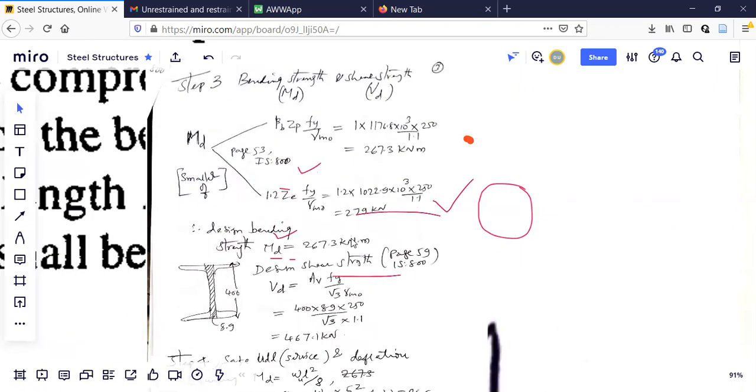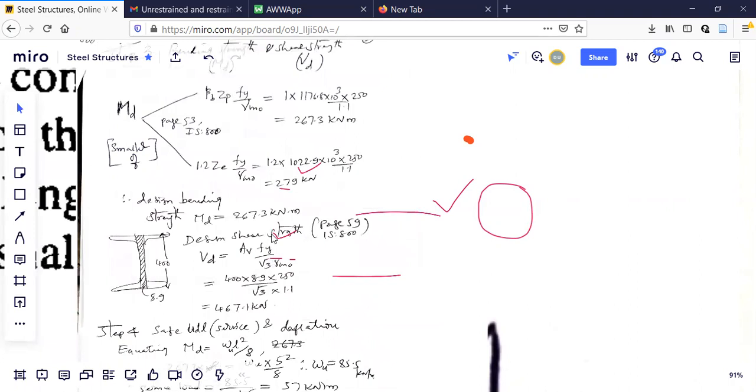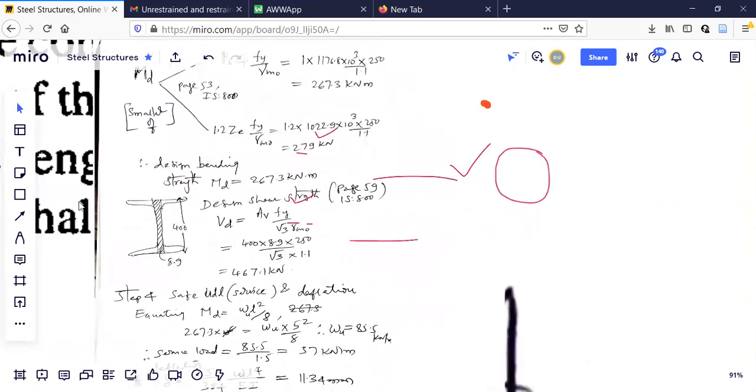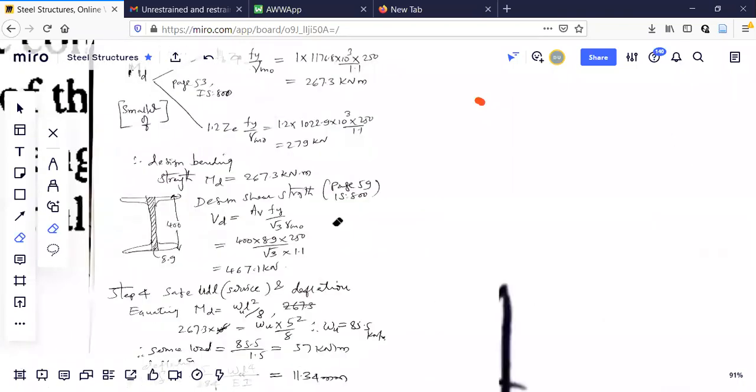So let us go to the next. Design bending strength: out of these two, I have written 267.3. I think time is over. I'm not able to start that syllabus portion also today, so I'll finish this one now. Observe here.